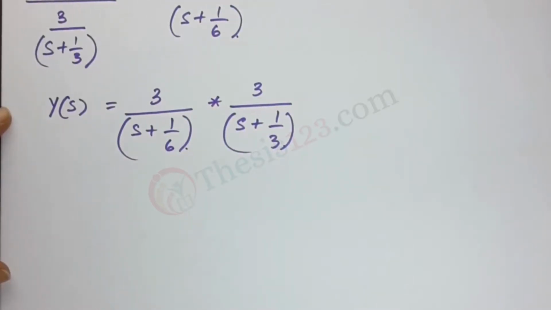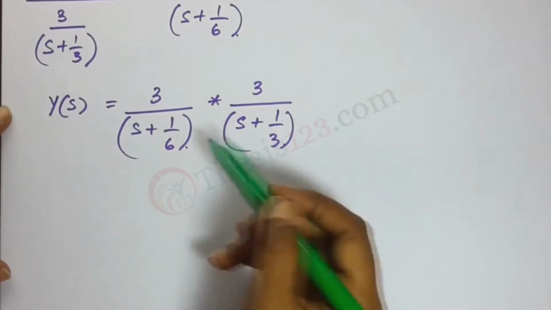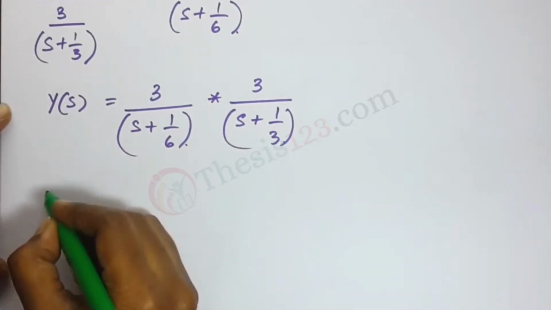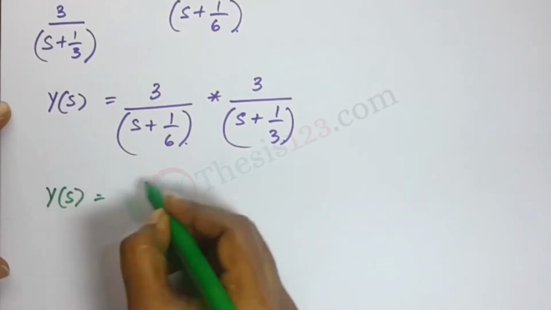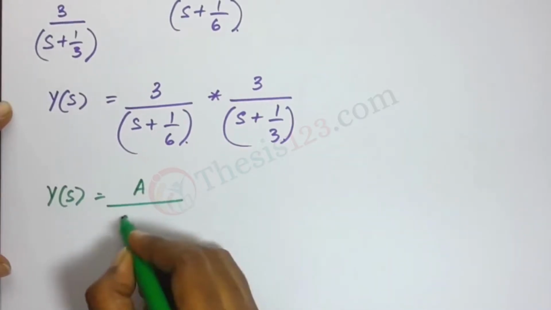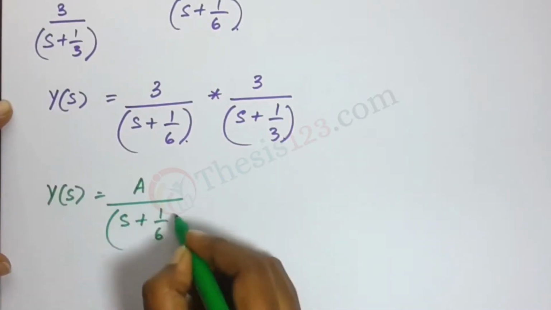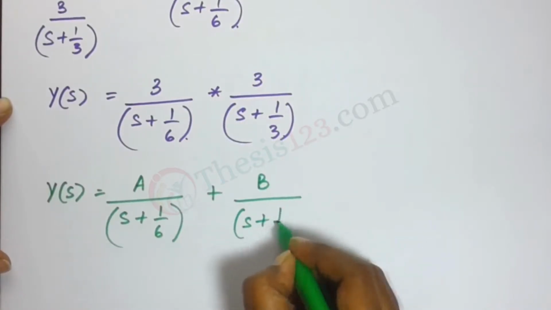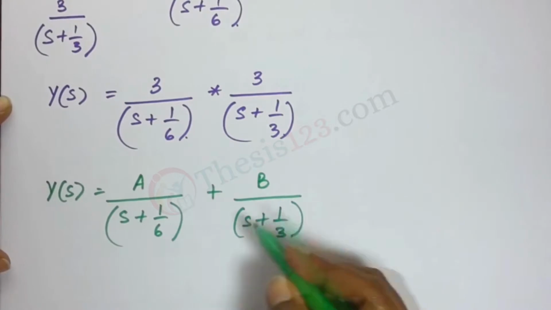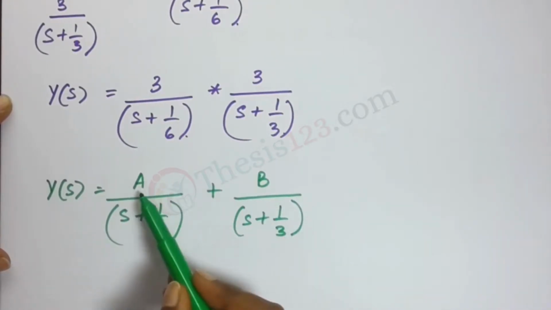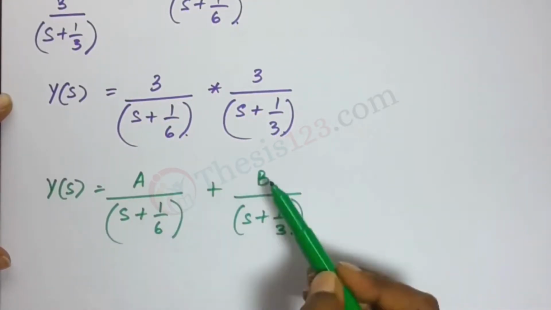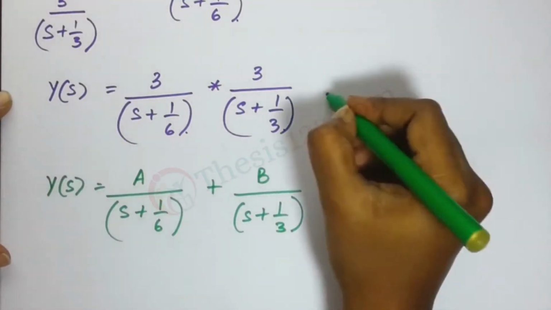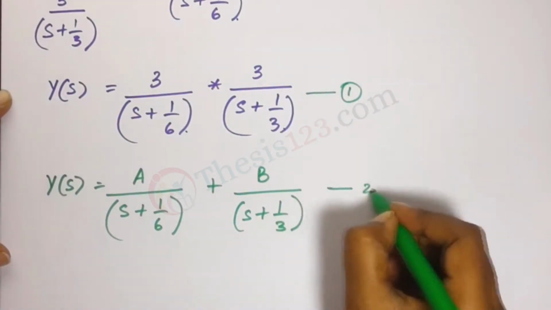We consider each term, and we write Y(s) = A/(s + 1/6) + B/(s + 1/3). So we are taking partial fractions here and we have to find the values of A and B. These two constants we will have to solve. So let's call this 1 and let's call this 2.